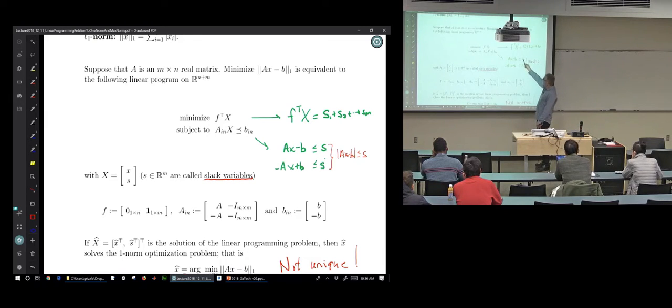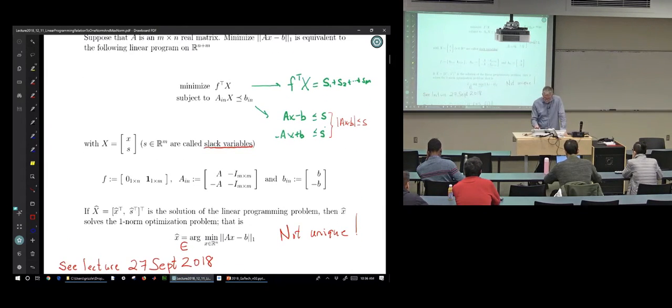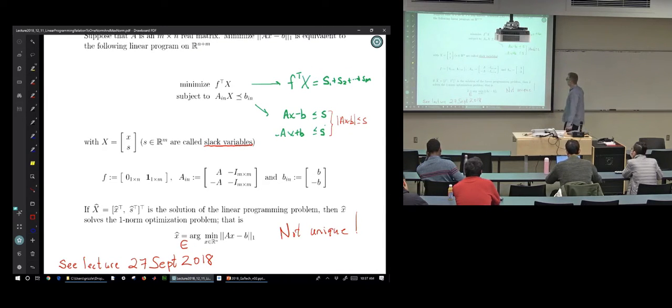And the way we get absolute value with inequality type constraints is we simply have AX minus B, and then we have minus AX minus B. So if S is upper bounding AX minus B and minus AX minus B, then S is upper bounding the absolute value of AX minus B. And now all we're going to do is minimize the sum of the components in S, and that will be minimizing the sum of the absolute values of AX minus B. Once you see somebody write it down very clearly, like it is here, and the notes where I took it are attached, it's clearly not me who did this, then it becomes fairly clear how you can solve this as a linear problem.